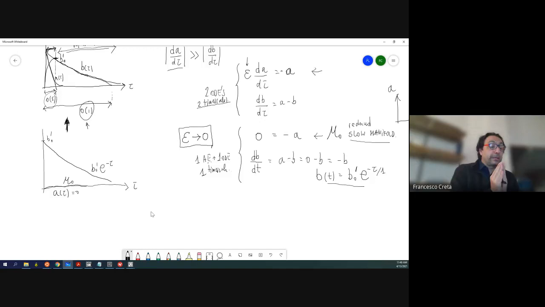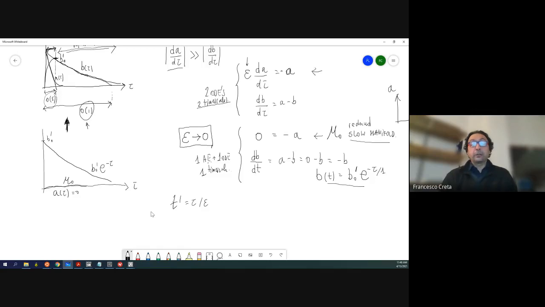I want to expand the boundary layer. What can I do? Well, I have to somehow operate a dilation in time. So suppose that I introduce a new time variable t prime, which is tau divided by epsilon.